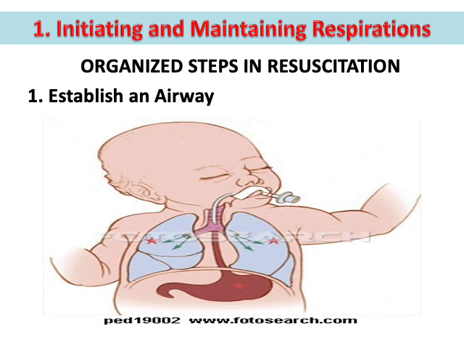When there is already an ET in place, you can easily suction the lower part of the airway. You insert the suction tube inside and then follow the same principles. Suction not more than 10 to 15 seconds.